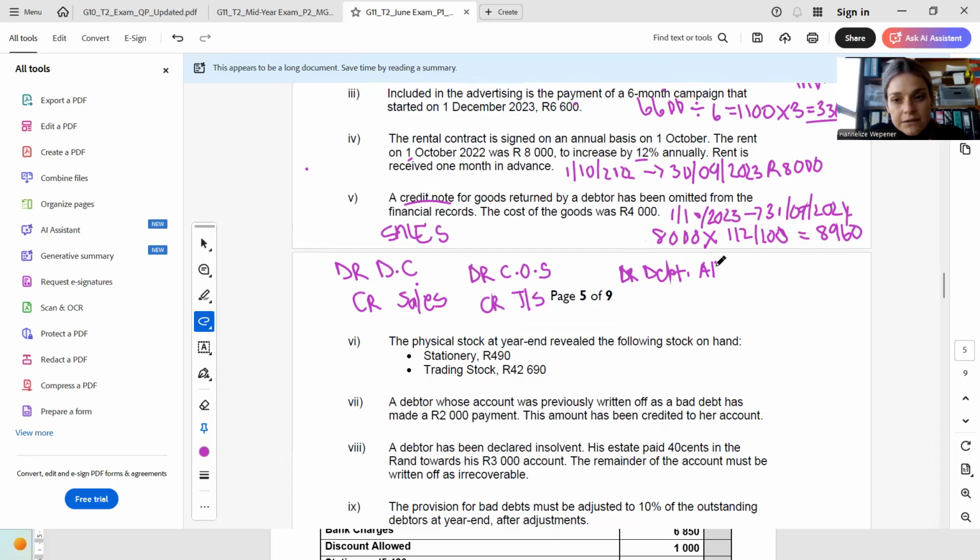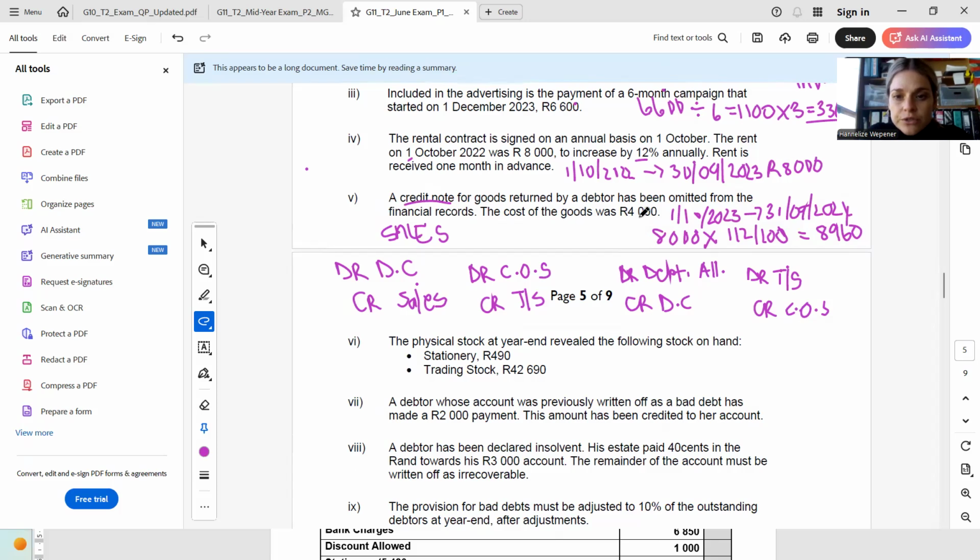So we go to debtors allowances. And then we say that this debtor no longer owes us because he now returned the goods, which means that I need to put the stock back into my trading stock, because it's no longer cost of sales expense. I have the stock back. I have reversed this sales transaction.